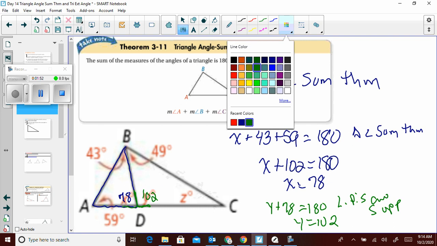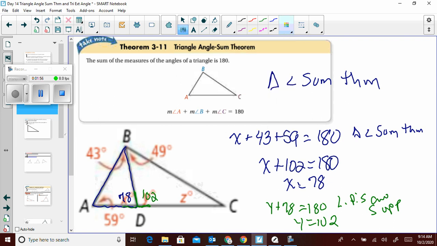Now we need to solve for z. Let's look at this triangle here.